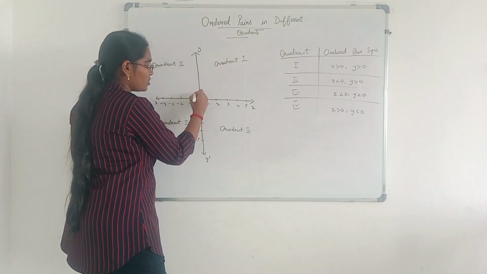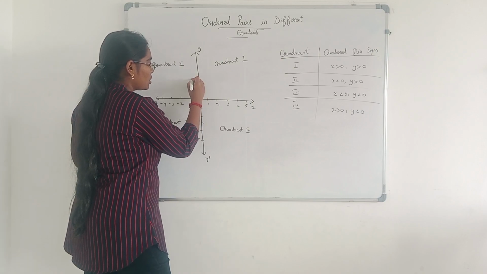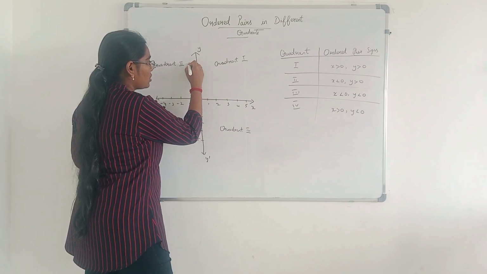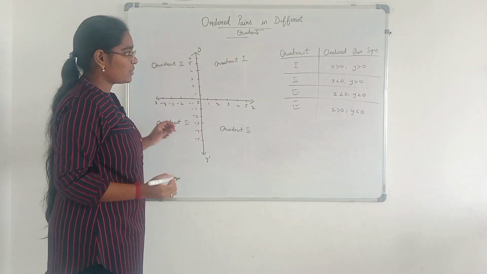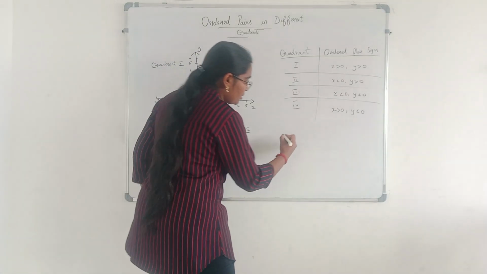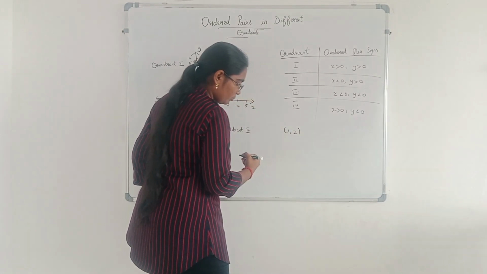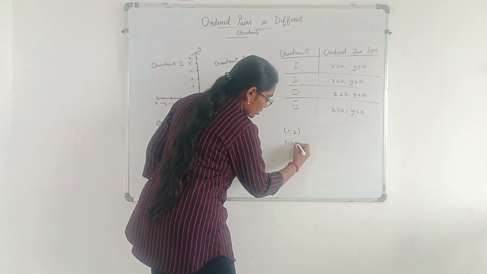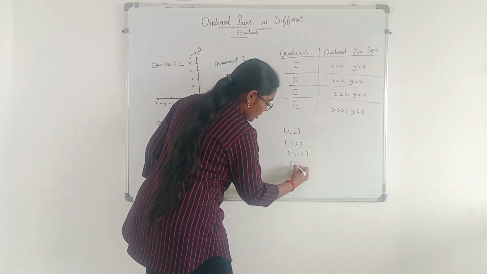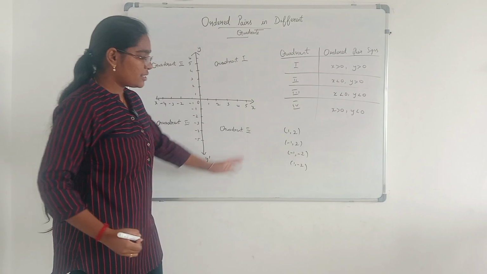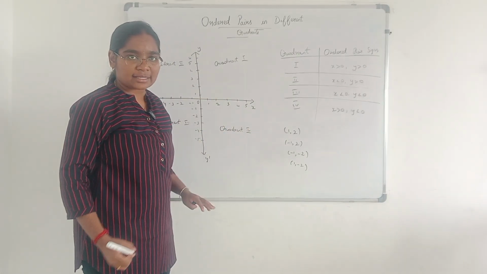Above we have positive numbers 1, 2, 3, 4, 5, 6. Take one example: 1, 2; -1, 2; -1, -2; 1, -2. Let us plot these points on this axis.